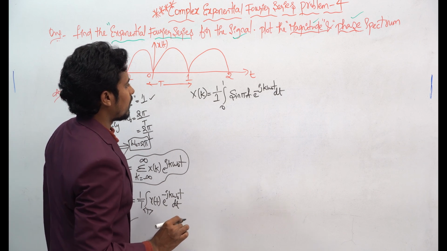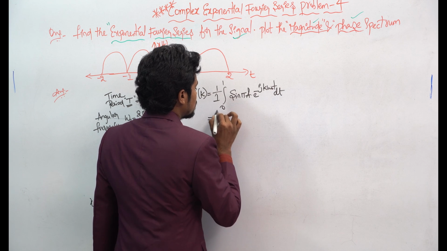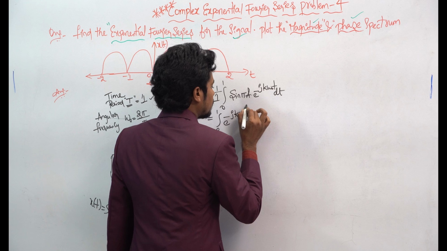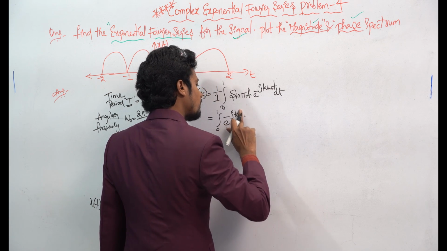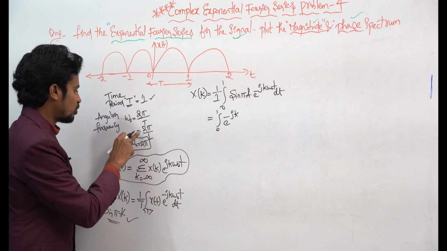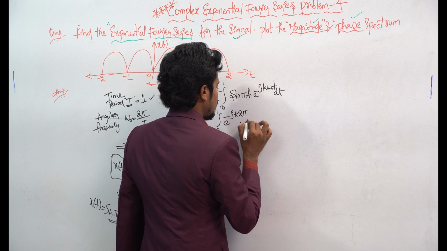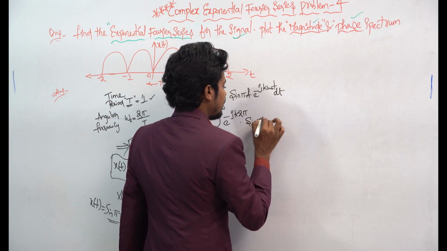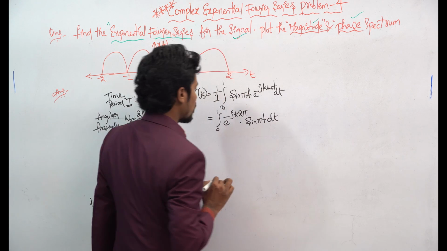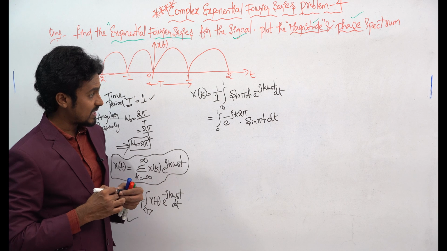This will become the integration from 0 to 1 of e power minus jk omega naught t. What is the value of omega naught? Directly substitute that value, 2 pi, into sin pi t dt. You already know the formulas for the exponential as well as the trigonometric.